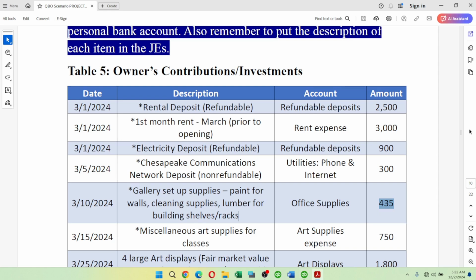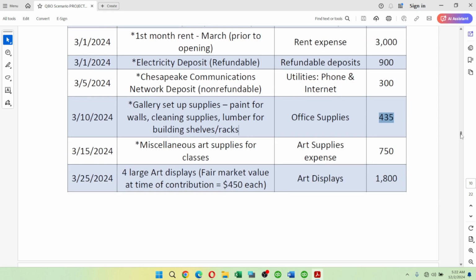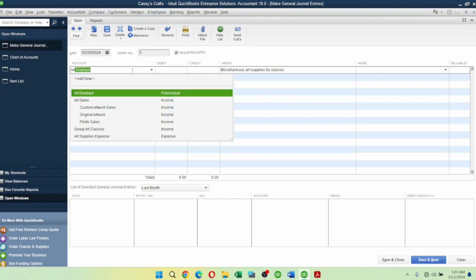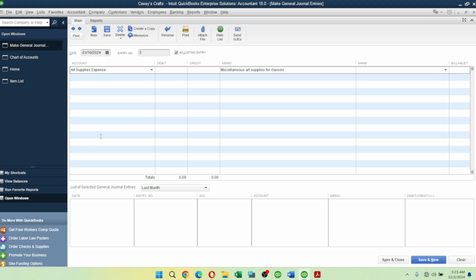Don't skip any process. Follow through with patience. Watch and see. If I am making any mistake, you take note of that. Now we have miscellaneous ad supply for Classy. We have ad supply expenses, 750.